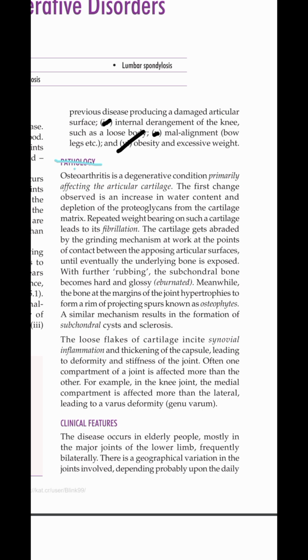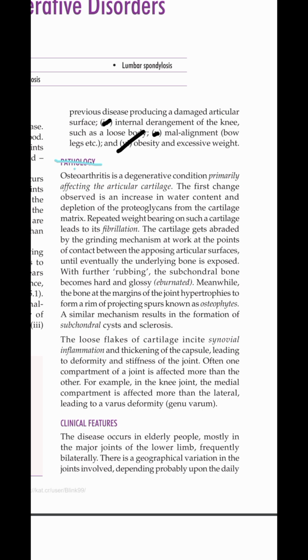The cartilage gets abraded by the grinding mechanism at work at points of contact between the opposing articular surfaces until eventually the underlying bone is exposed. With the further rubbing, the subchondral bone becomes hard and glossy.